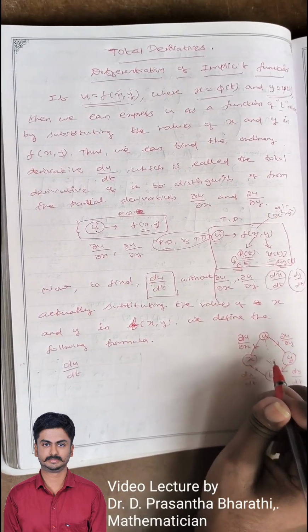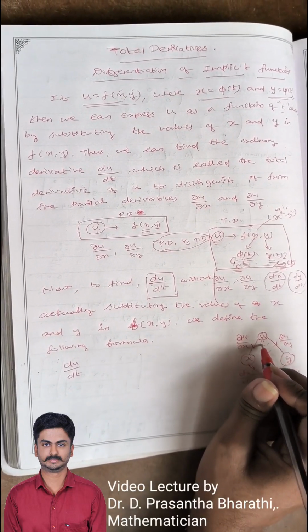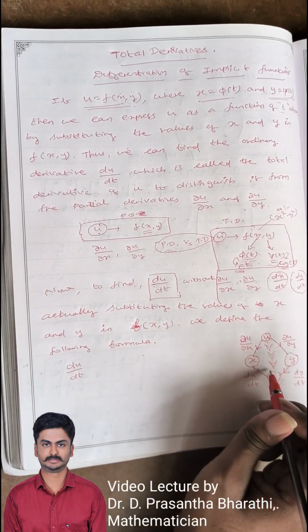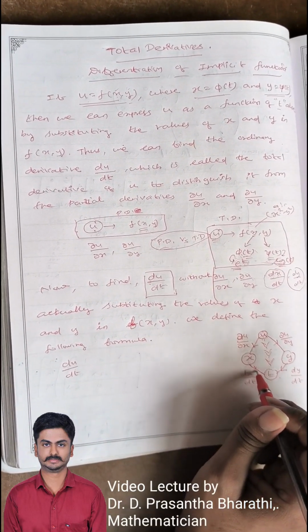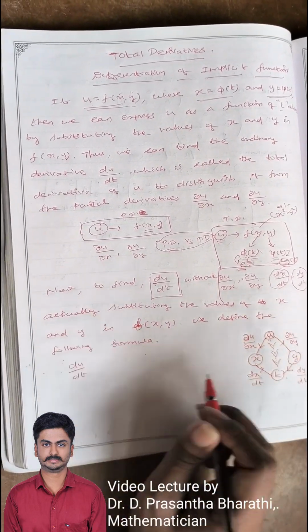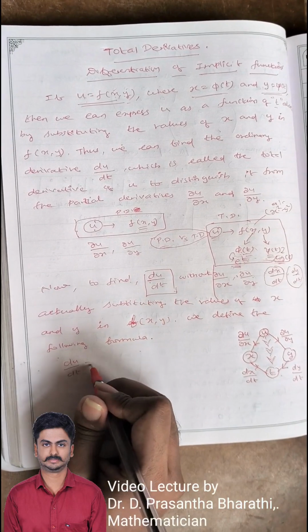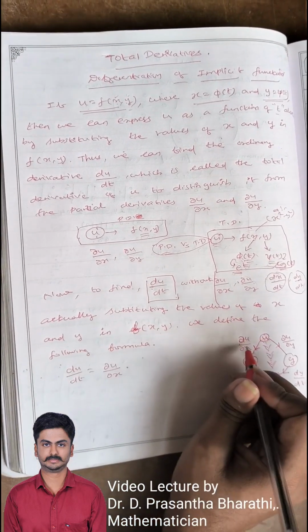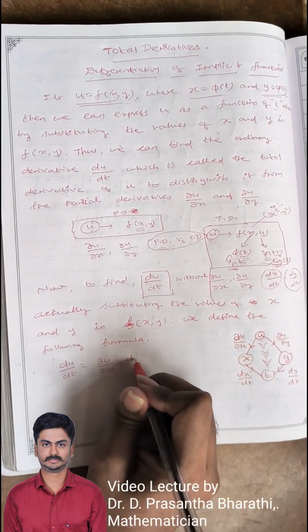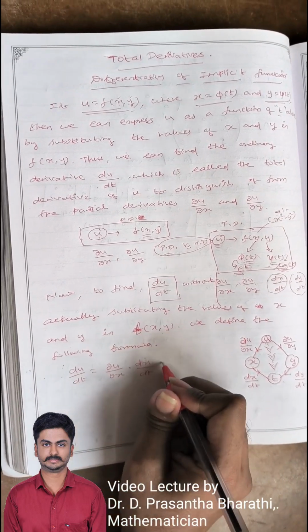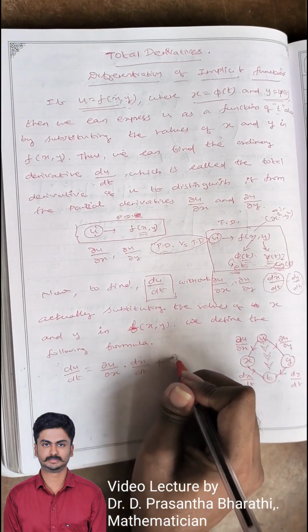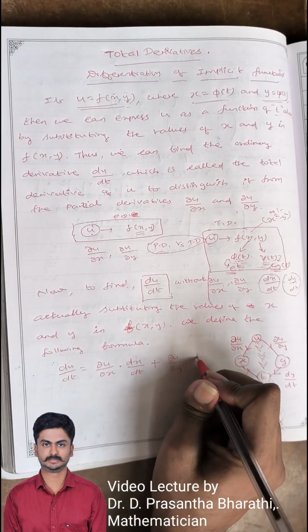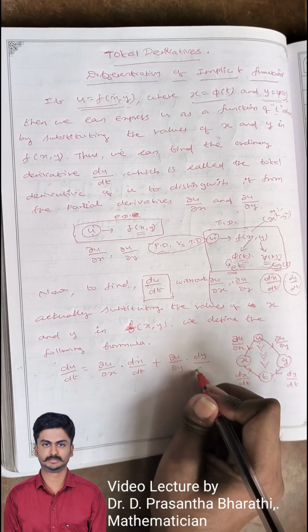We can reach du by dt this way plus this way: du by dt equals dou u by dou x into dx by dt plus dou u by dou y into dy by dt.